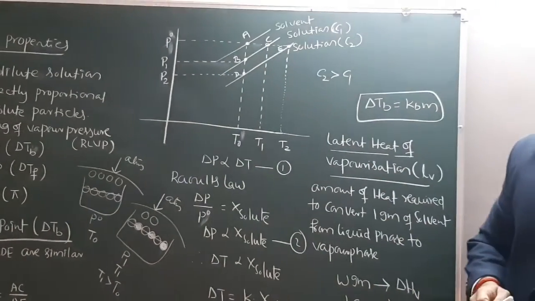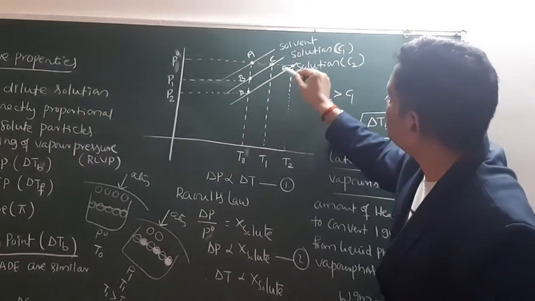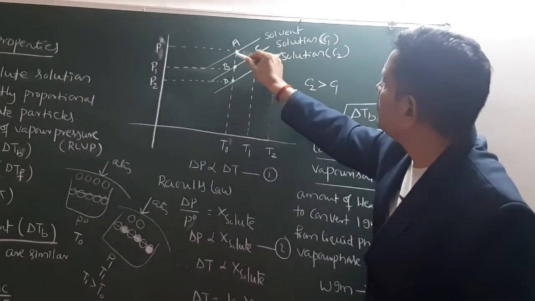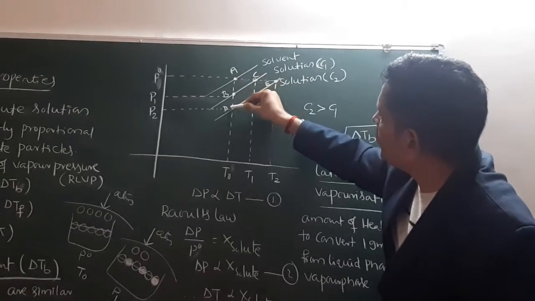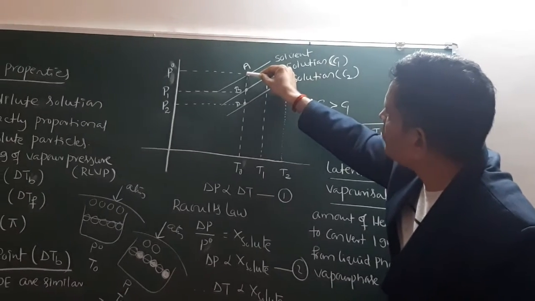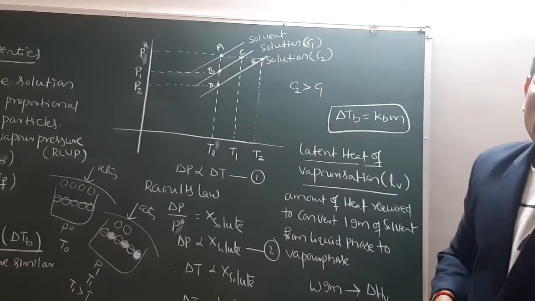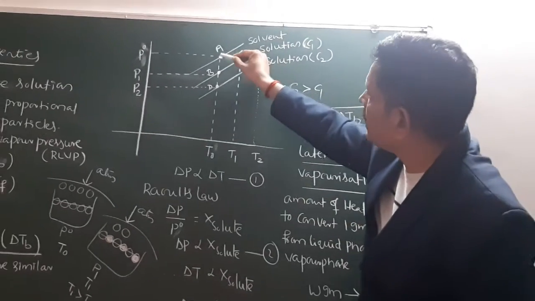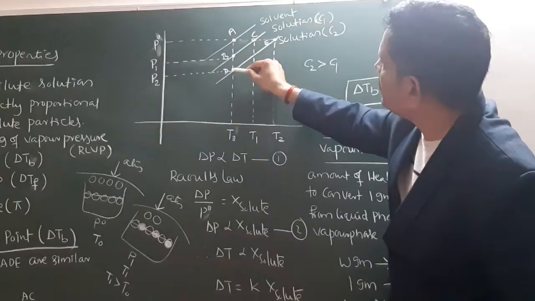These are the points I indicated here: the boiling temperatures, and the points corresponding to vapor pressures of pure solvent, solution 1, and solution 2 at temperature T0. I indicated these points as A, B, C and A, D, E.